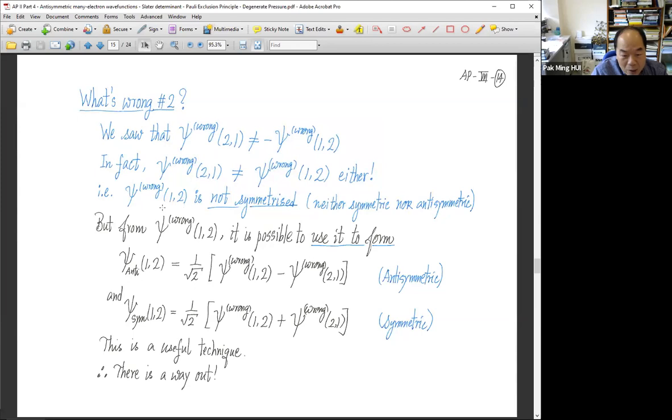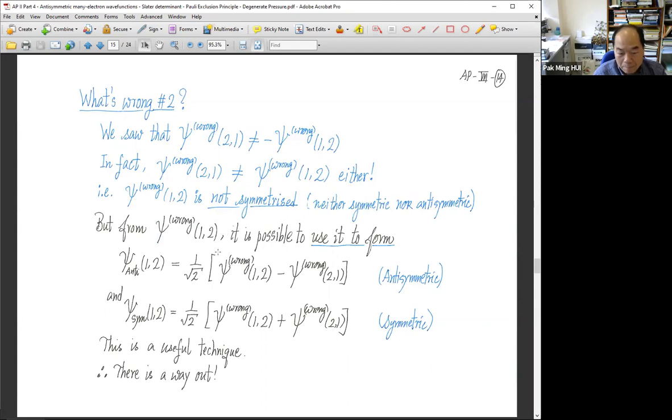Meaning, the one we guess is not properly symmetrized. It does not have any symmetry property at all. It's neither symmetric nor antisymmetric. But I hope that you can observe this, right? Starting with this, I can construct something that is antisymmetric and symmetric.